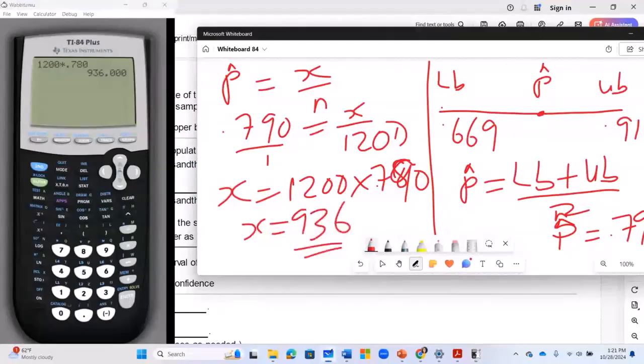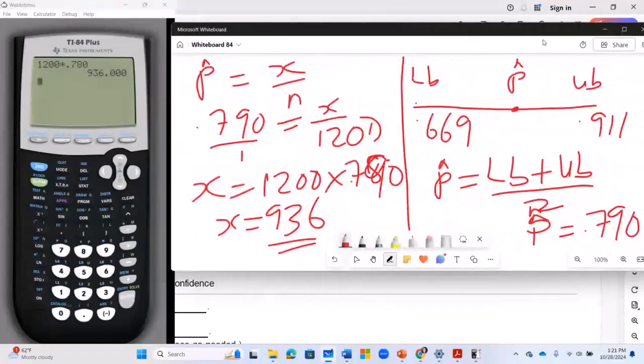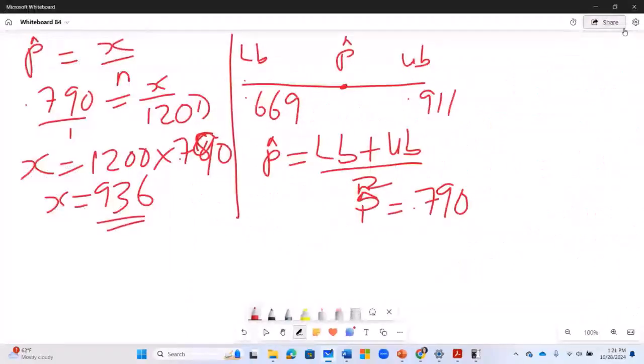Okay, and then they want me to find the margin of error. How do I find the margin of error? The margin of error is the distance between the upper bound and the point estimate. The point estimate is 0.790. The margin of error is this distance.